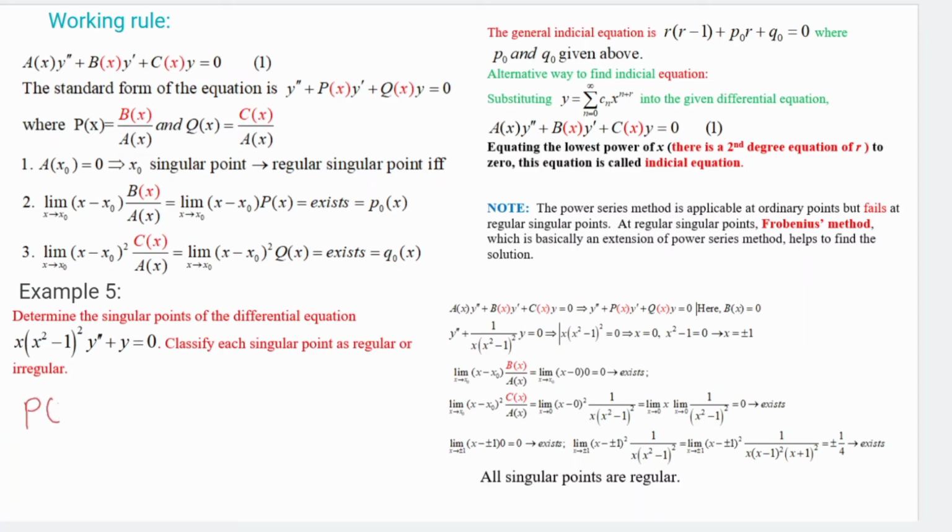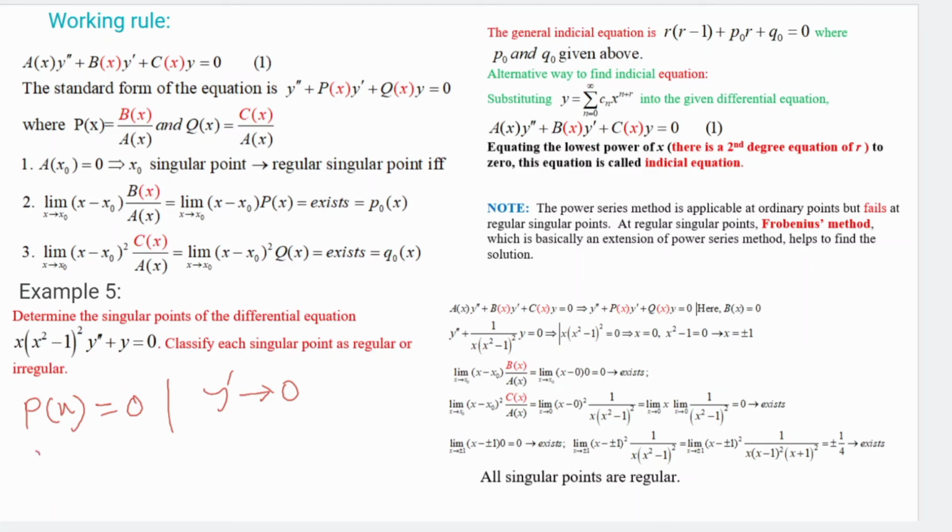p of x is 0, because there is no y prime in this equation.